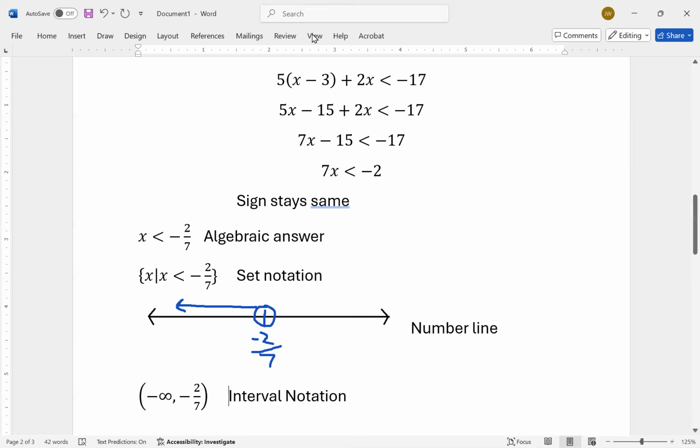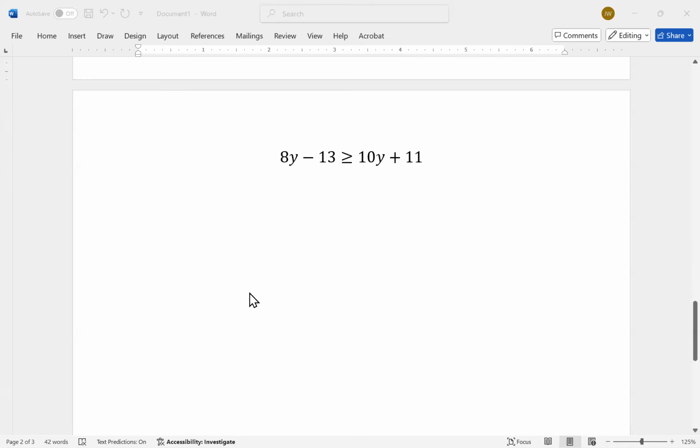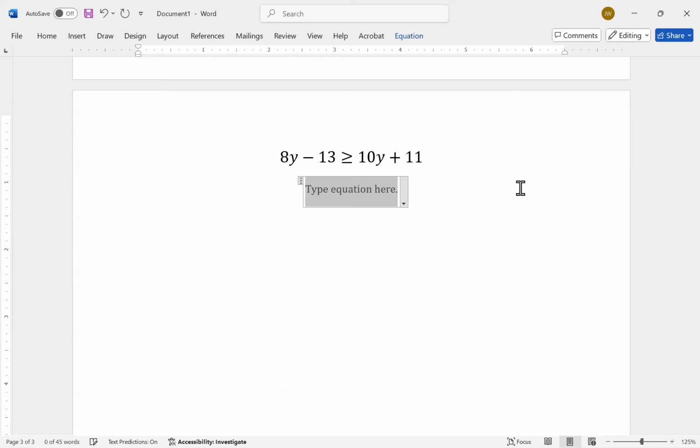Let's go ahead and try the next one. I'm going to have to erase what I have on the number line, but we'll do the next one here. So for the next one, since both sides are as simplified as I can make them, I would start out by subtracting 10y from both sides.